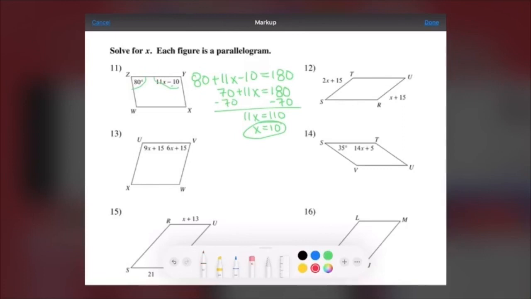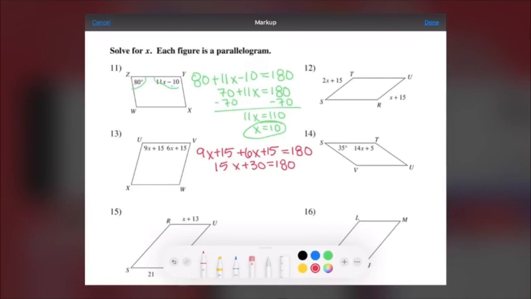We have two adjacent angles in a parallelogram, so we know they are supplementary and they add up to 180. So we do 9x plus 15 plus 6x plus 15 is equal to 180. Combine like terms, and we get 15x plus 30 is equal to 180.